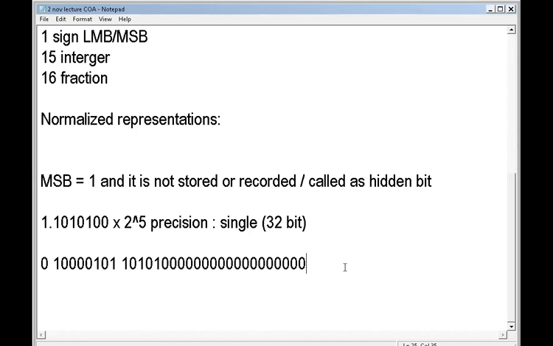So the range would vary from minus 32767 to plus 32768.